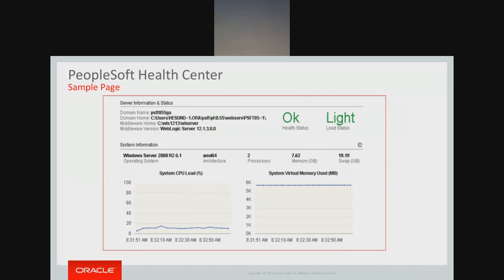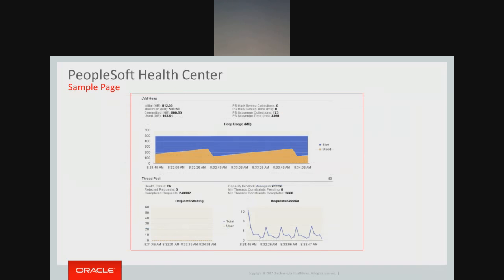Here's another look that gives you a little bit more detail on CPU and virtual memory usage. And then a third dashboard that gives some additional information. Some of you will probably understand what's in this graph better than I can, but it's all meant to give a better understanding of how your system resources are being used.